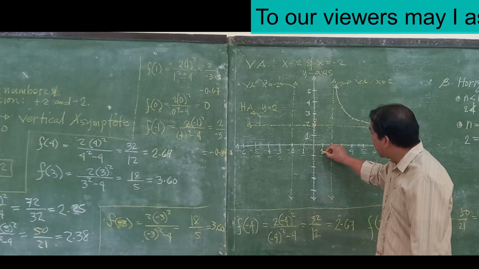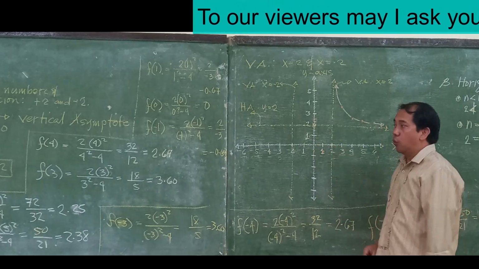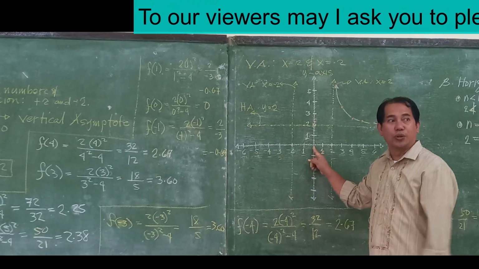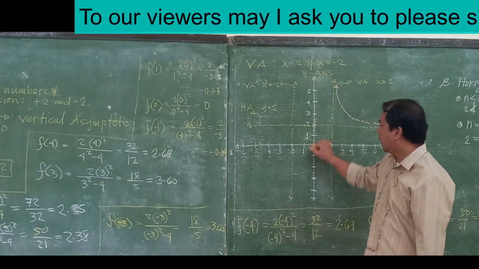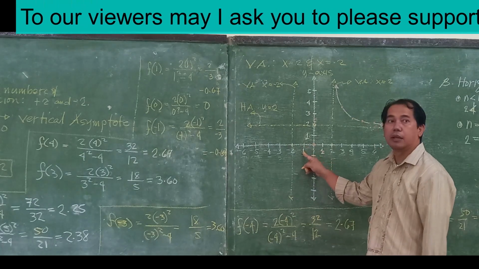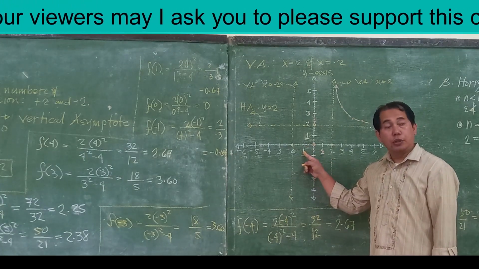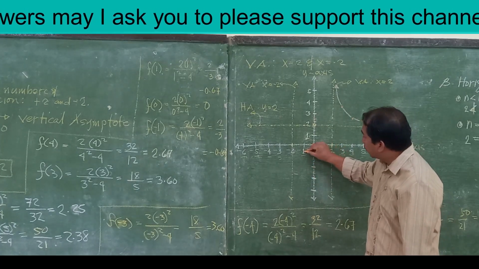So we have in here. Now, if our x is 0, it will follow that your y is 0. So we have in here. Now, if your x is negative 1, still, the value of y is negative 0.67. So it is corresponding horizontally to the other side.